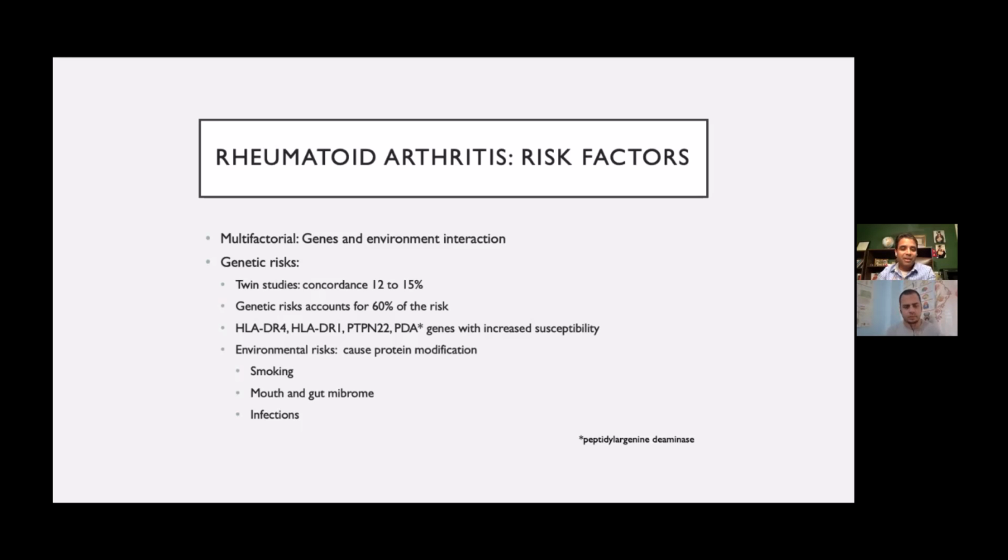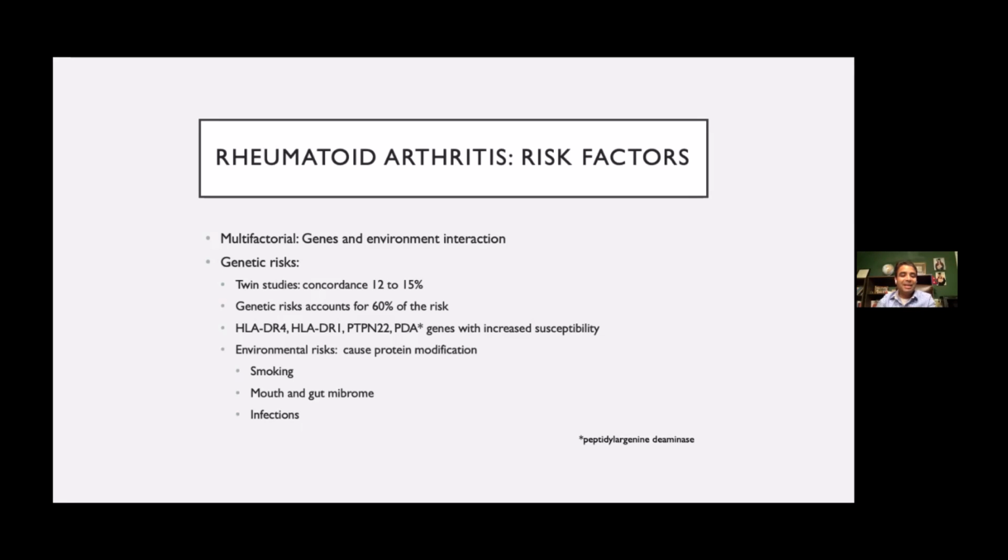So these are some of the genetic markers of rheumatoid arthritis, and these genetic risks usually account for almost 60% of the risk. Now, I highlighted only a couple of genes that are implicated to increase your risk of rheumatoid arthritis, but there are multiple others. These are just a few of those that are well characterized to increase the risk.